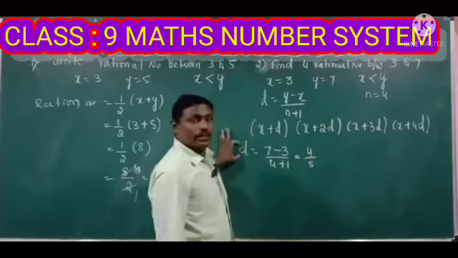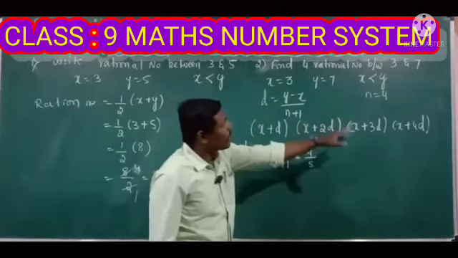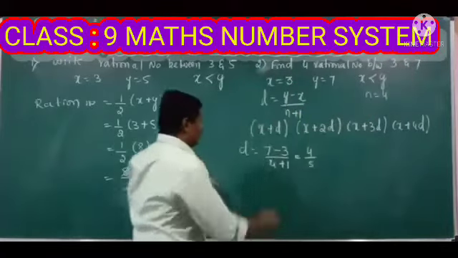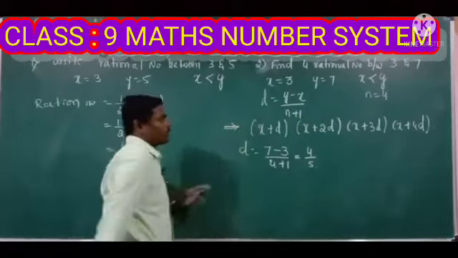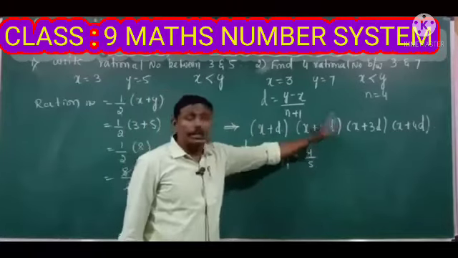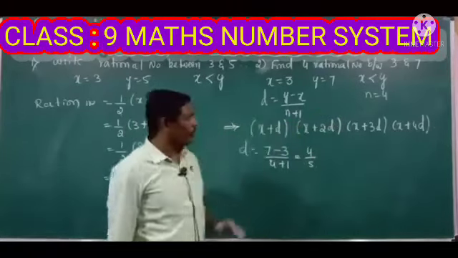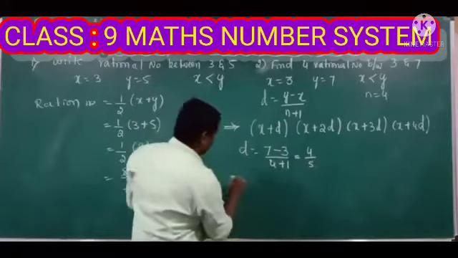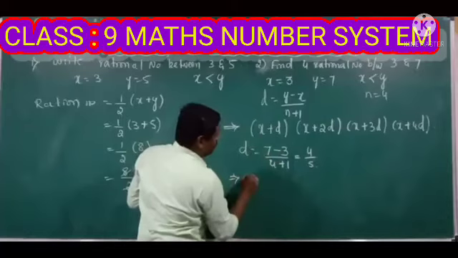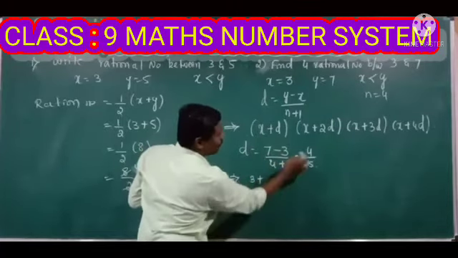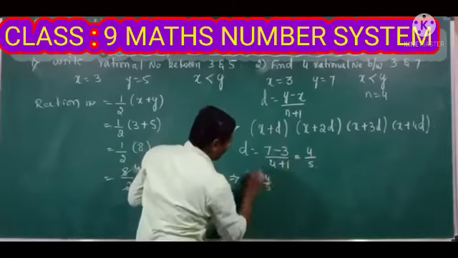By using this d value, we need to write the 4 rational numbers which exist between 3 and 7. We have the standard form: x plus d, x plus 2d, x plus 3d, x plus 4d. Just substitute the x value and d value. The first is 3 plus 4 by 5.